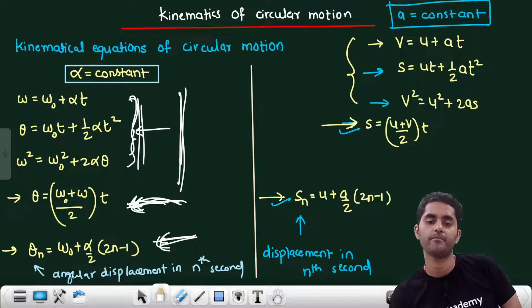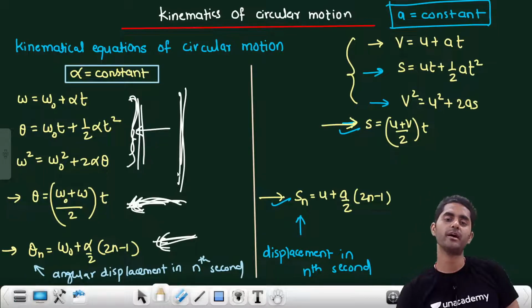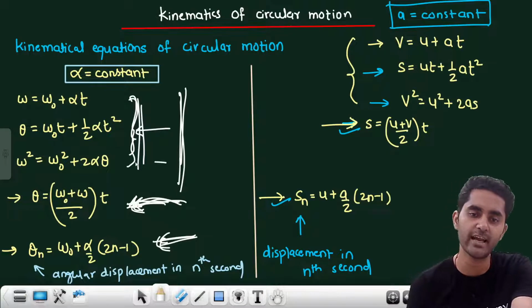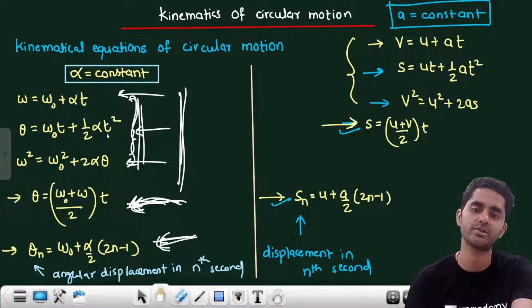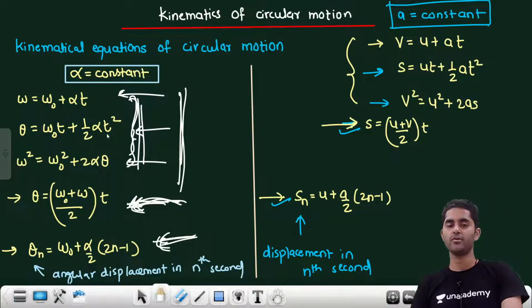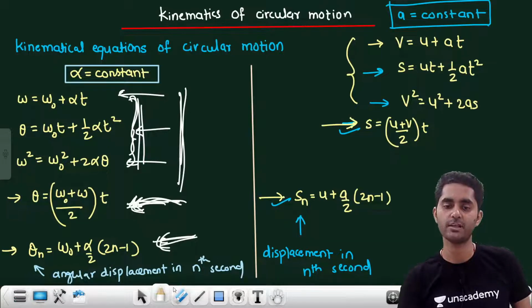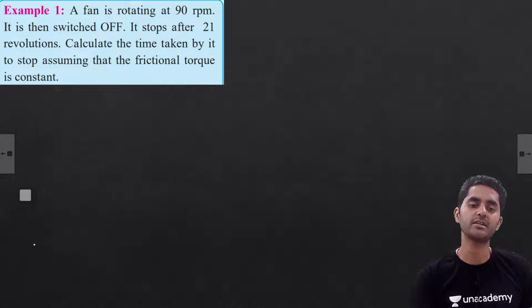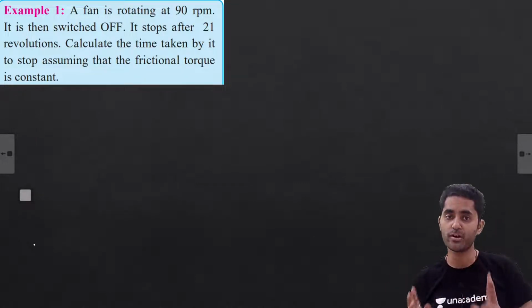So you can use the second equation and the first equation to solve it, and you'll get the same answer. But the problem is that you have to use two equations.